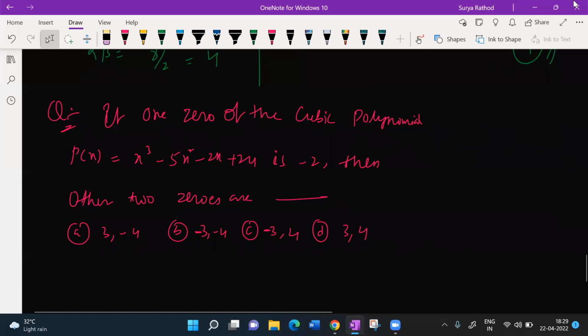Clear? Done? Make it fast, quick. One second, sir. Almost done. If one of the zeros of the cubic polynomial is minus 2, then the other two zeros are what? Very simple. I told you to use it, very good Saranya. Now Bhargav, you can use that synthetic method.